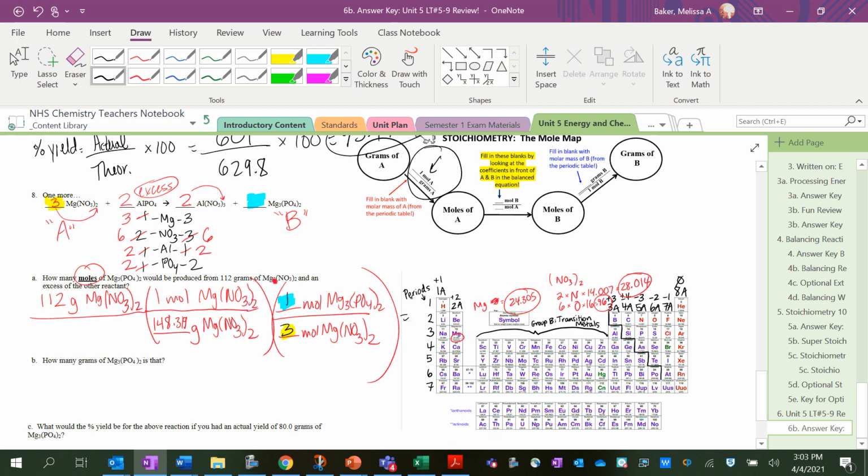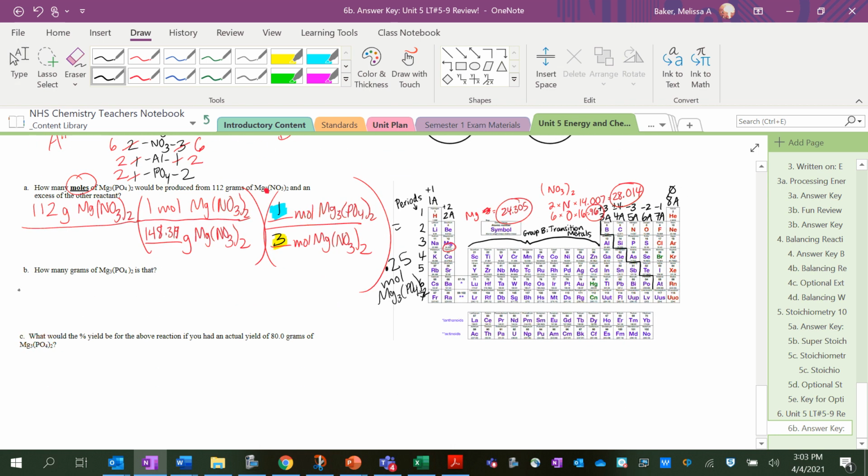So now I multiply everything on the top divided by everything on the bottom. So 112 times 1 times 1 divided by 148.319 divided by 3. Answer, 0.25 moles of Mg3PO42. How many grams is that?